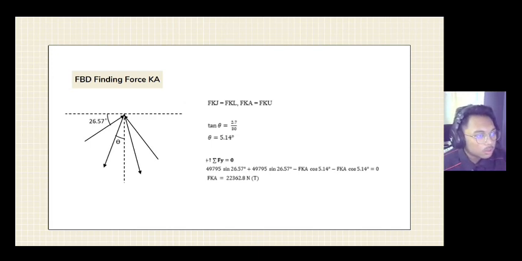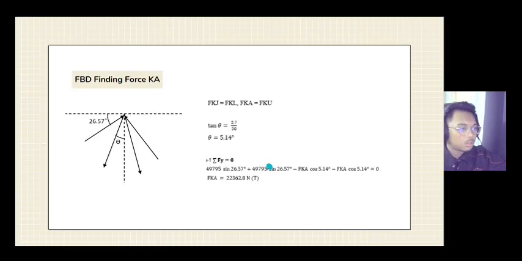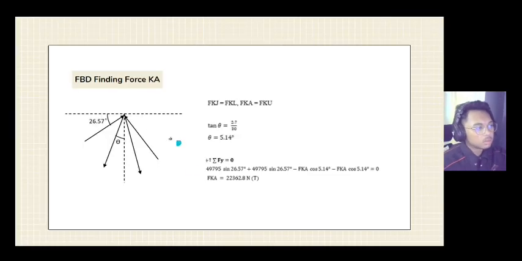Alright, so FKJ. So tan theta equal to 2.5 over 30. So theta is 5.14. And we want to know first force KA.